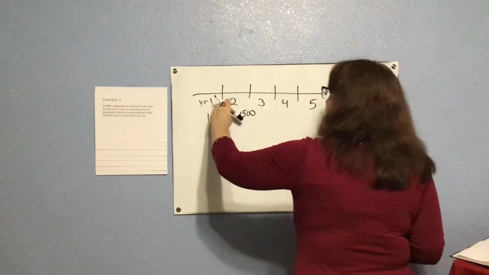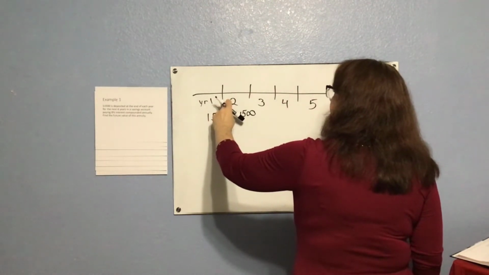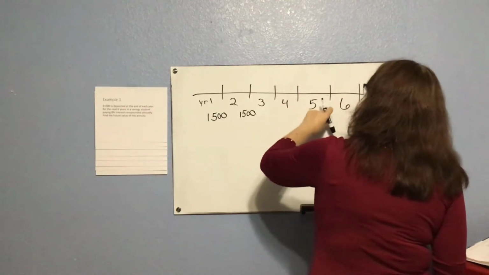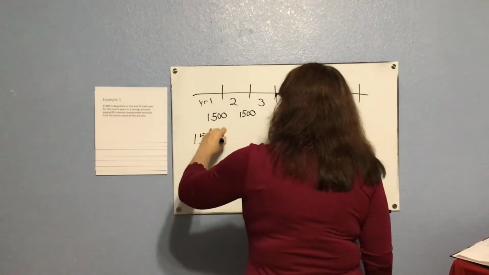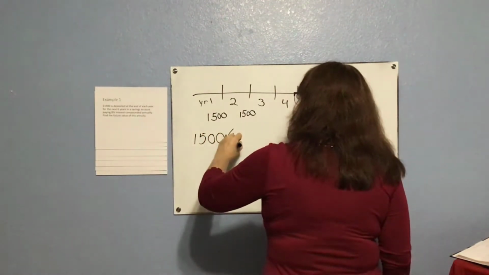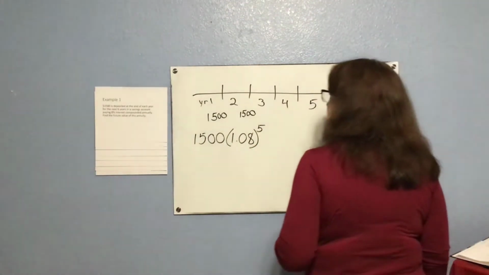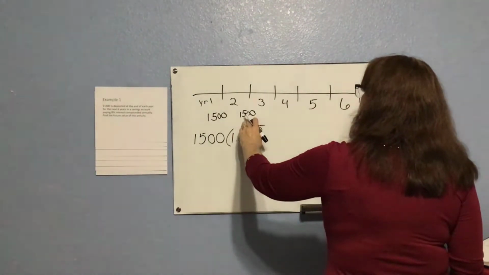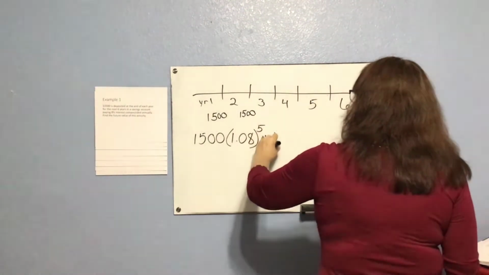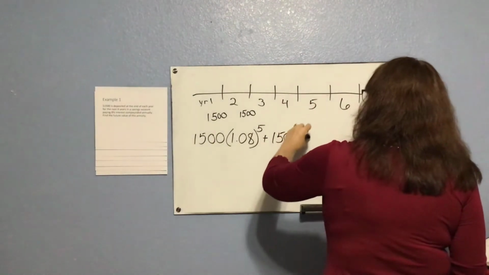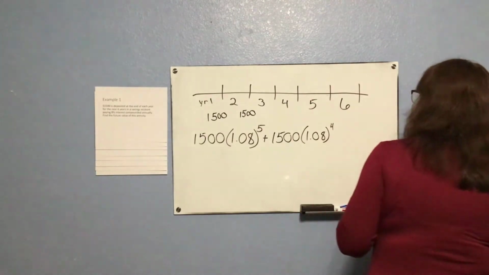Well, this $1,500 that's deposited at the end of year 1 is going to earn the 8% interest for 1, 2, 3, 4, 5 years. So we're going to have 1,500 times 1.08 to the 5th power. Now this second payment is only going to earn interest for 4 years. So I'll have 1,500 times 1.08 to the 4th power.